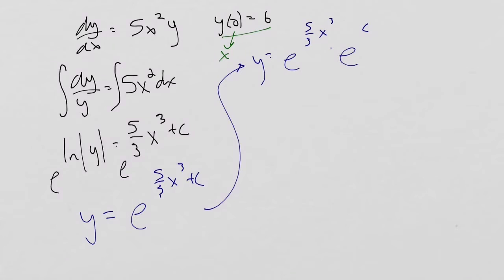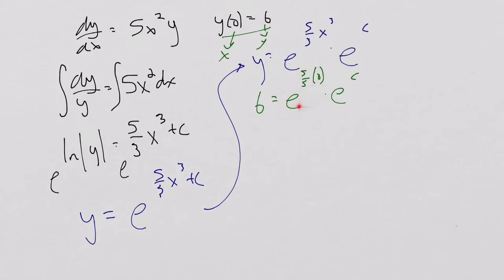So I know this is x equal to 0. I know that this is y equal to 6. So I'm going to plug that stuff in. I get 6 equals e to the 5 over 3 times 0 cubed, which is just 0, times e to the c. This is 5 thirds times 0, which is 0, which means that this whole term here is e to the 0.